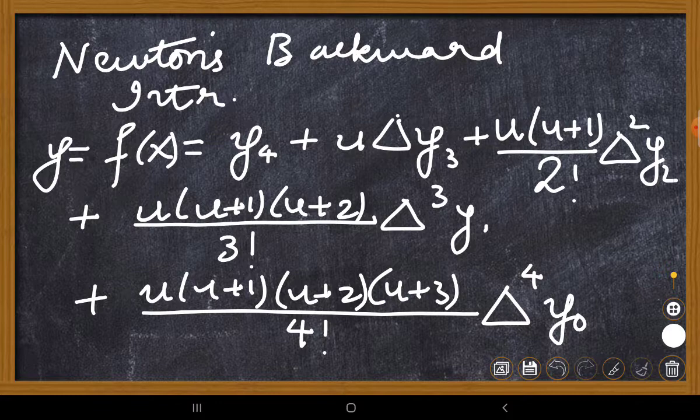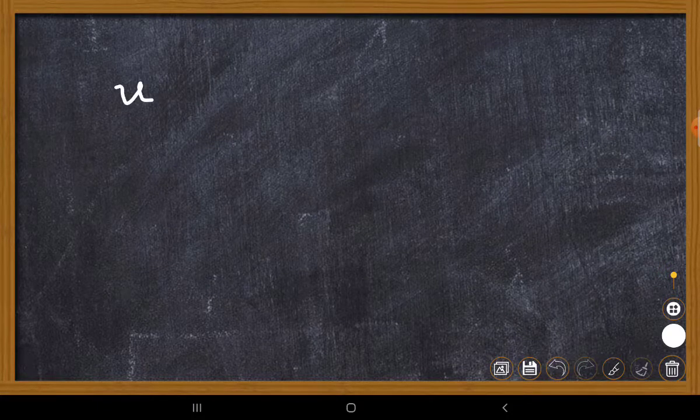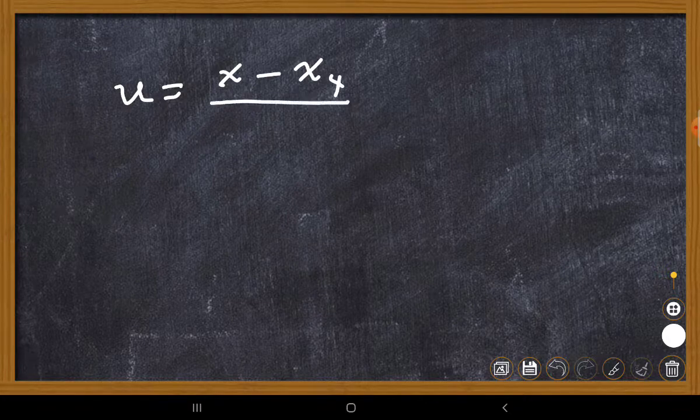First we have to find the value of u. In the backward interpolation formula, u is equal to x minus xn, that means x4, divided by h.